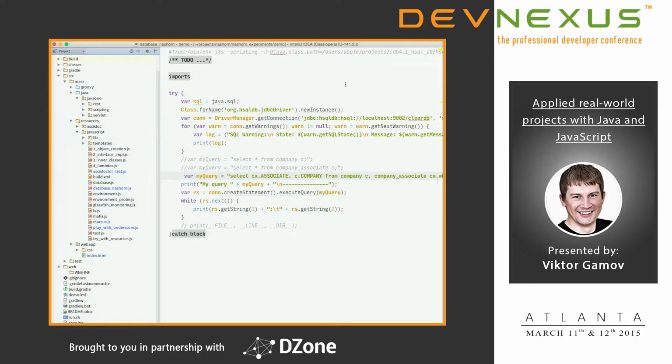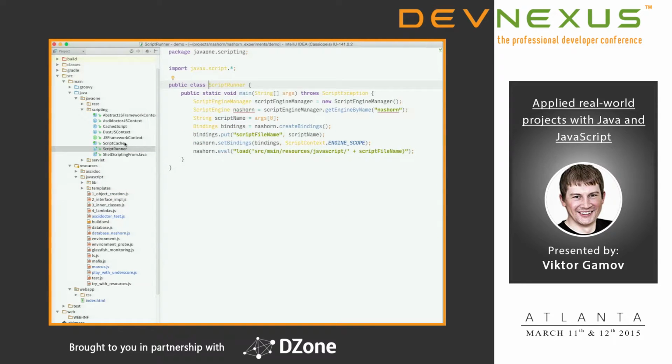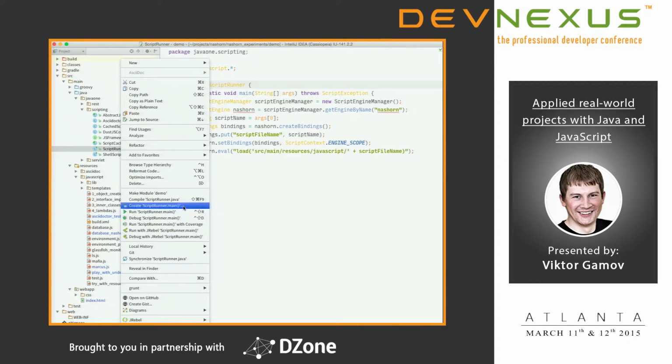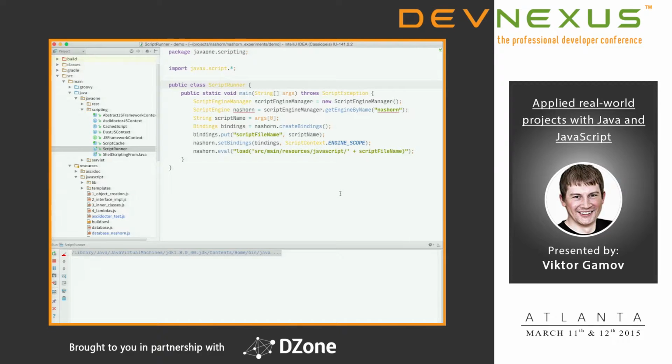IntelliJ IDEA, for example, allows me to do that. So where is it? I always have this small script runner application. I want to provide some script, and right now it will throw me. Okay, so nice.